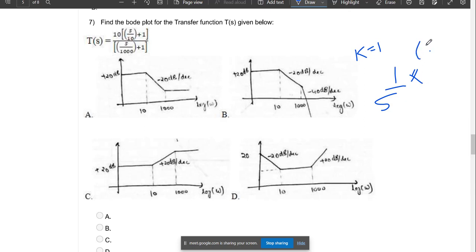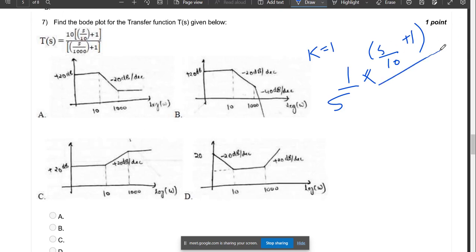So this will become s by 10 plus 1, right? Since it was minus 20 and then it became plus 0, a plus 20 happened here. So that means it's a 0, and at 1000 it again became like this, so s divided by 1000 plus 1, and there is no pole, only zeros are here.